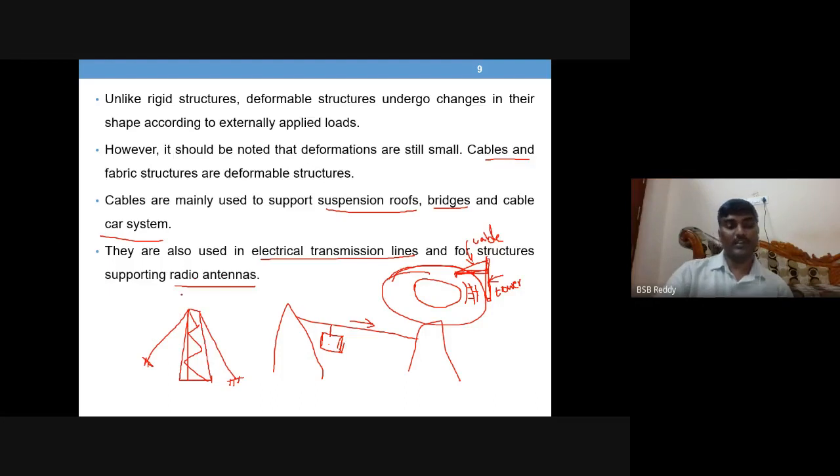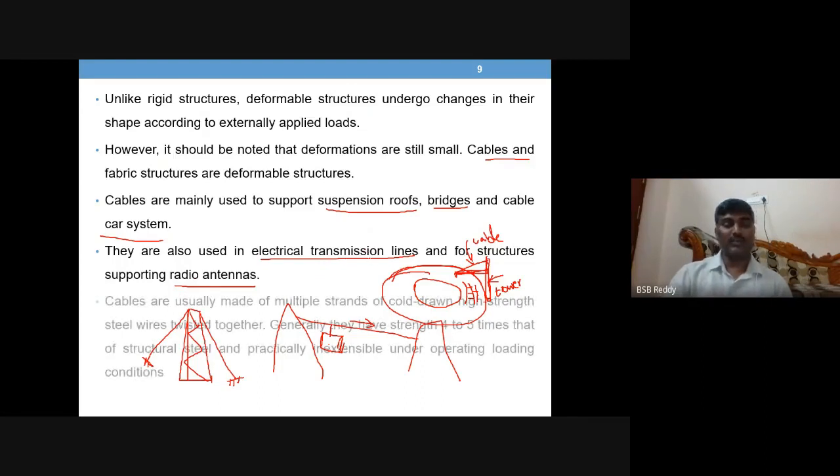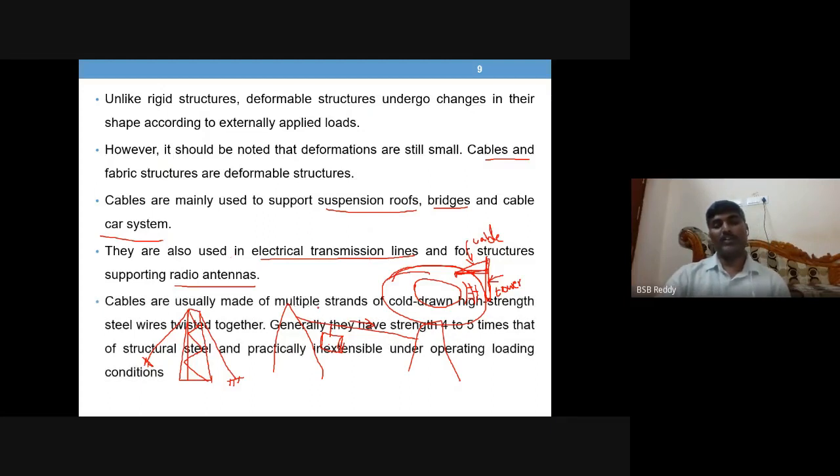Radio antennas are supported by cables, and similarly electrical transmission lines are very common. In all these cases you have application of cables. Cables are usually made of multiple strands of cold drawn high strength steel wires.